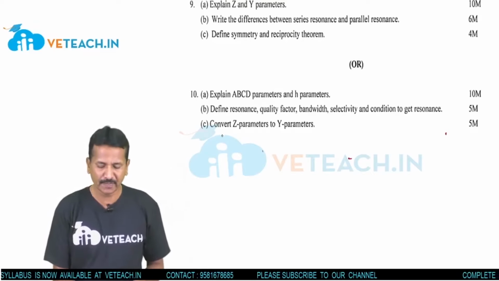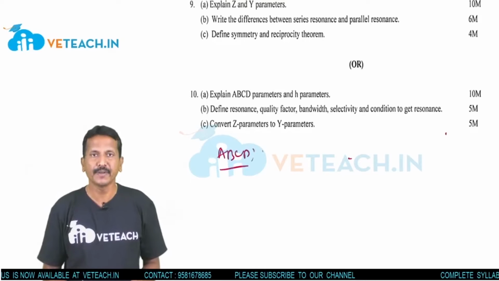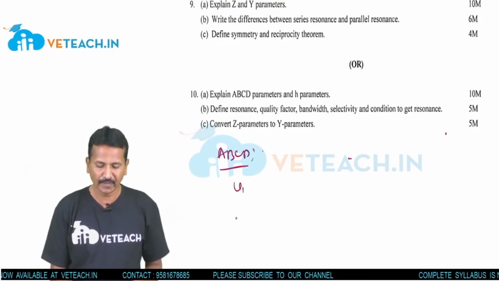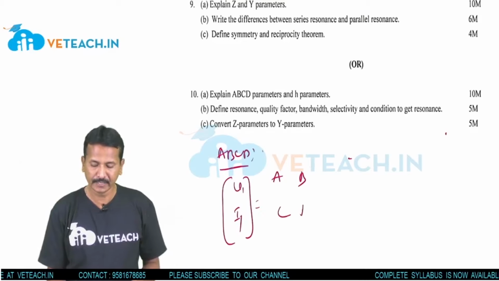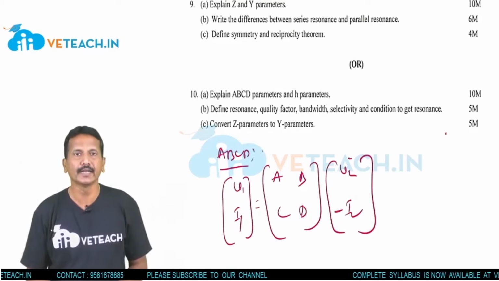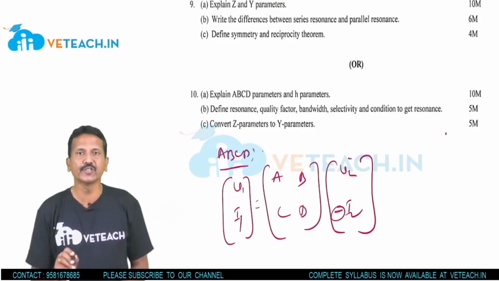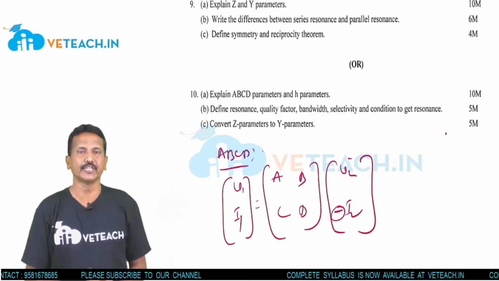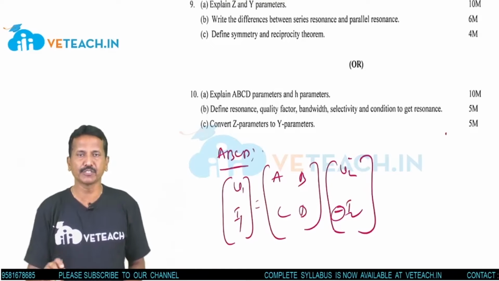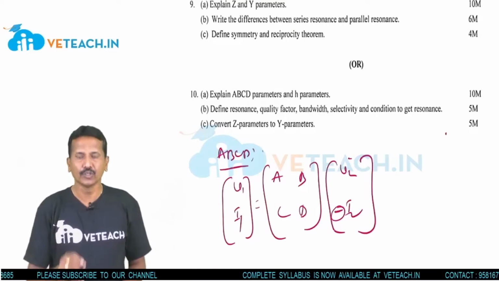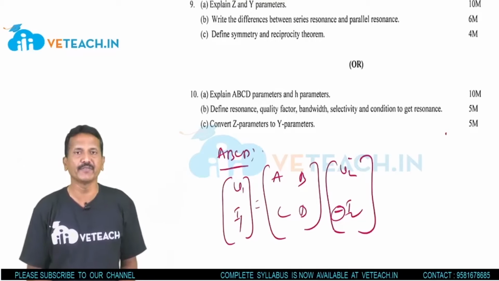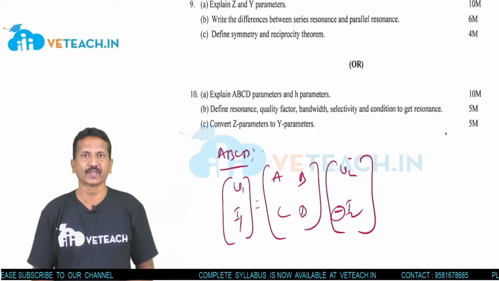Here in ABCD parameters, the dependent values are V1 and I1, and A, B, C, D with V2 and minus I2. This is the basic relation to find the ABCD parameters. Why this minus? It means it is in only one direction. In two-port we have two directions, but here in transmission lines we have only one direction. To overcome that, we keep one minus, right?